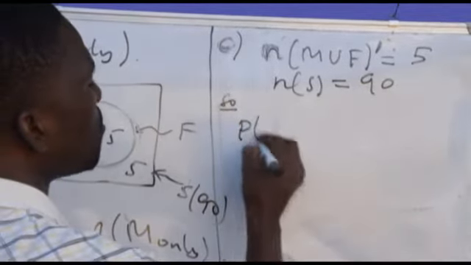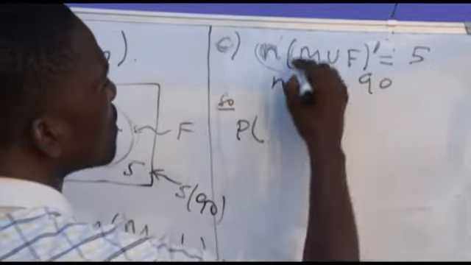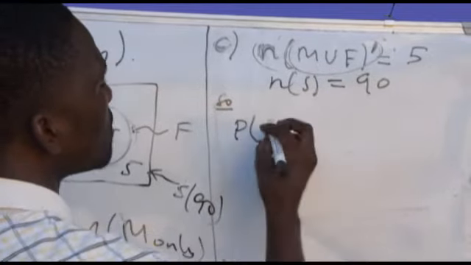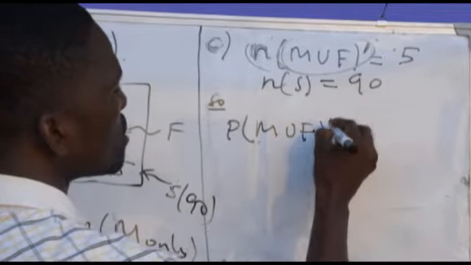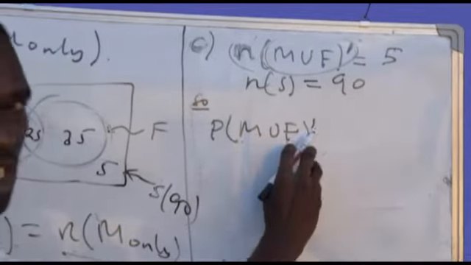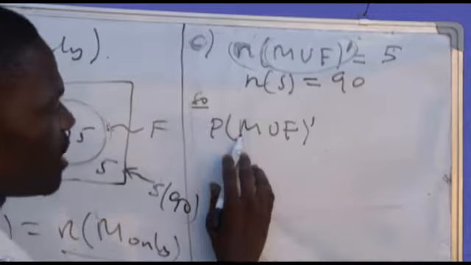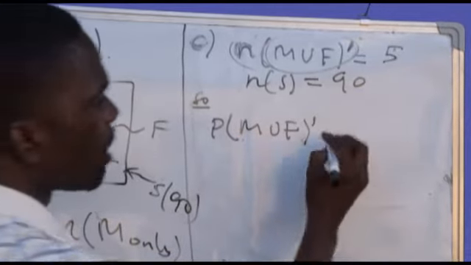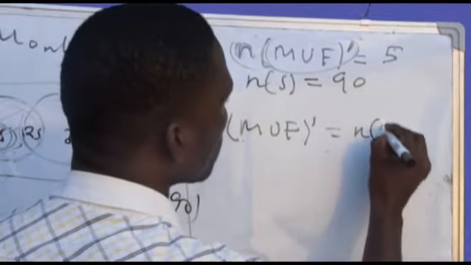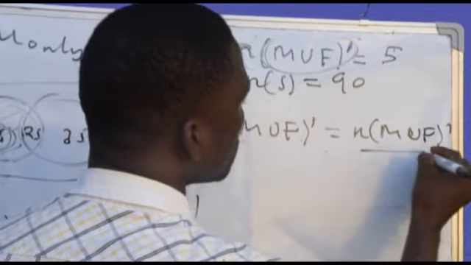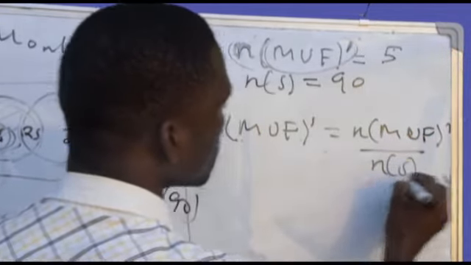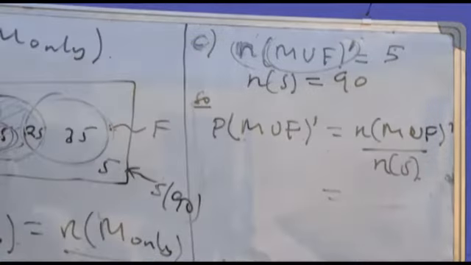So the probability of this event, neither meat nor fish, is the number of students who eat neither meat nor fish divided by the number of all students in the school.